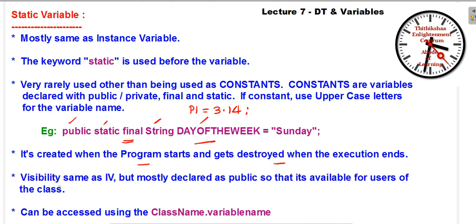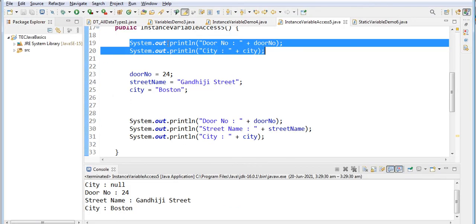Visibility and all is the same, but mostly instead of private you will use public here because it is a shared variable, and it can be accessed by using the class name dot variable name. But for an instance variable you have to create an object. If it is a static method, then you have to access it that way, but here you can call it with the help of the class name dot variable name. You will see that one.